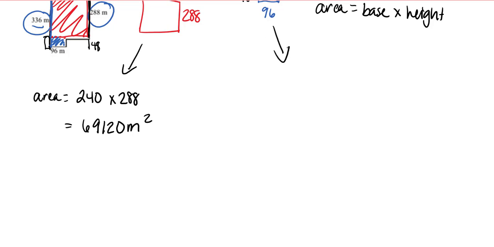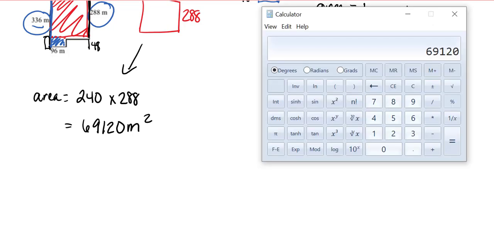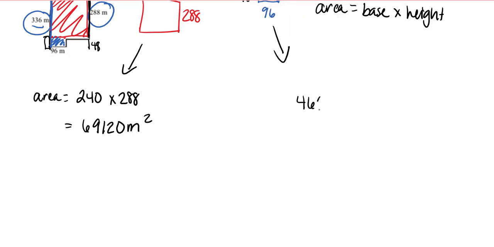Now, if we were to find the area of the smaller one, let's get our calculators out again. We go 96 times 48, which is going to be 4,608. So the area is 4,608 meters squared.